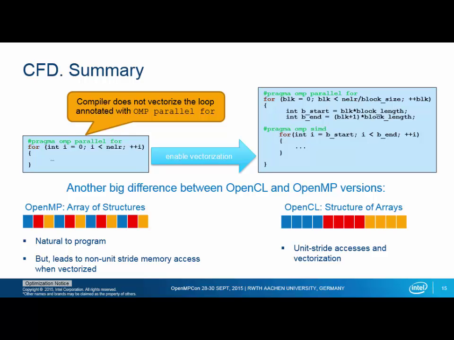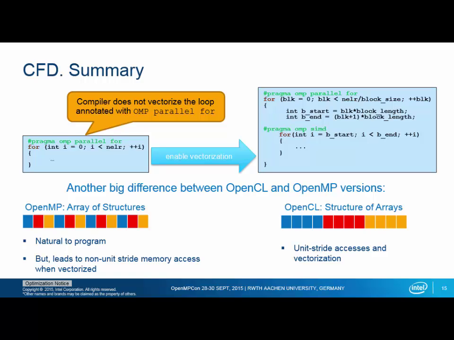Our solution was to implement manual blocking, but it could also be done with the new pragma, called pragma omp parallel for simd, that can do vectorization for you automatically. Once we rewrote this benchmark for blocking, we enabled vectorization.